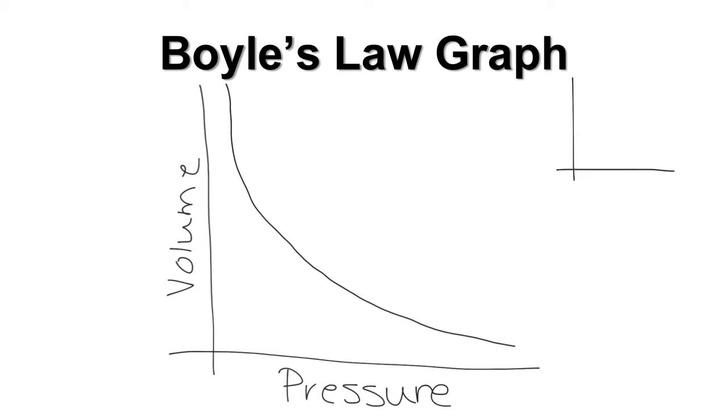One thing that's very important to point out is our graph does not look like this. So this is not what's happening. It is not a straight line down, because if that was the case, then there would be some pressure where the volume goes negative.